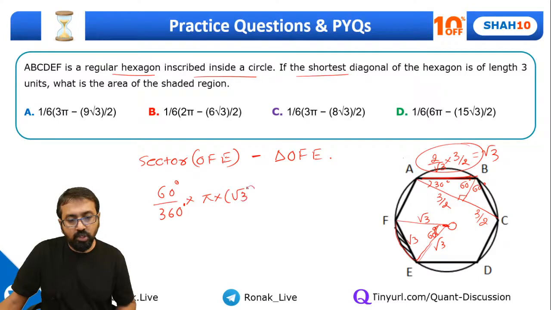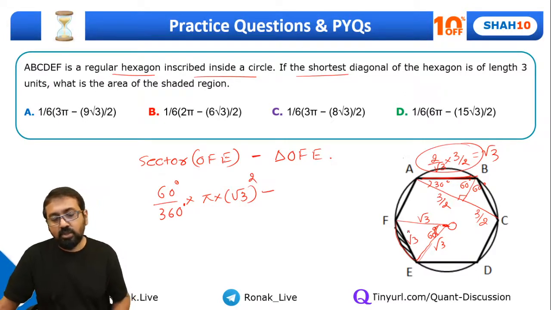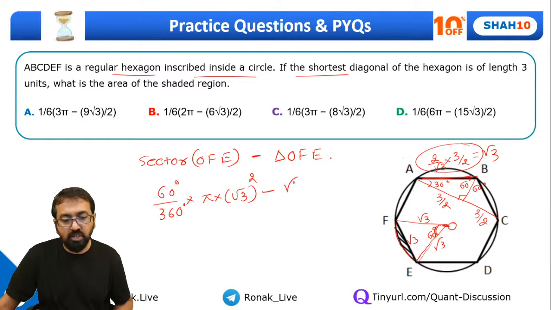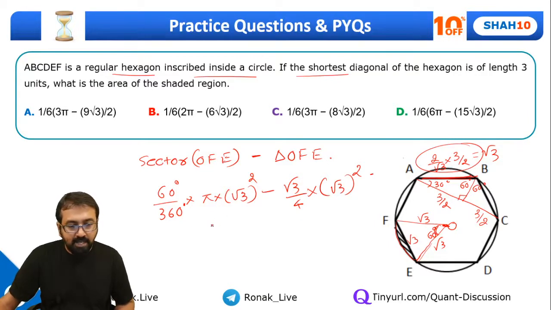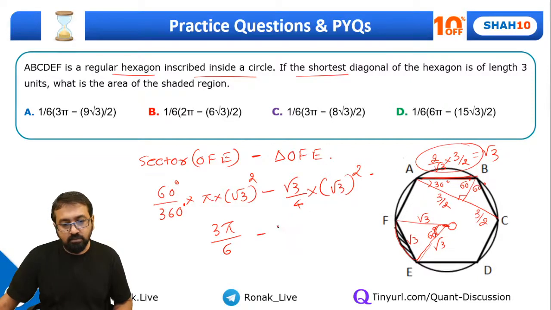What is r? Root 3 over here, so pi r square, minus what is the area of triangle OFE? Root 3 by 4 into side square, that is root 3 whole square. So this is what we need to find. So this will come out to be 3 pi by 6 minus 3 root 3 by 4.